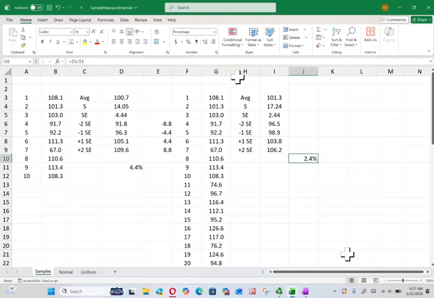Rather than directly measuring the distance in standard errors, I do it as a percent of the average. This one here, the 2.4, is a much better estimate, much safer bet, simply because of the sample size.